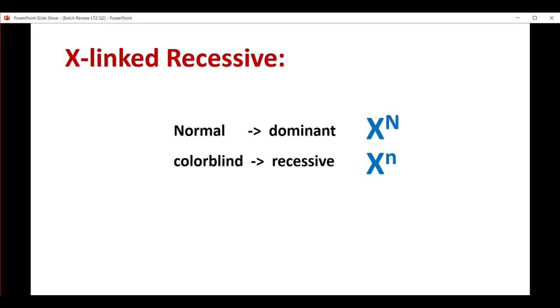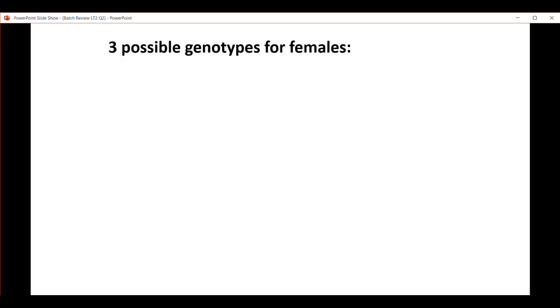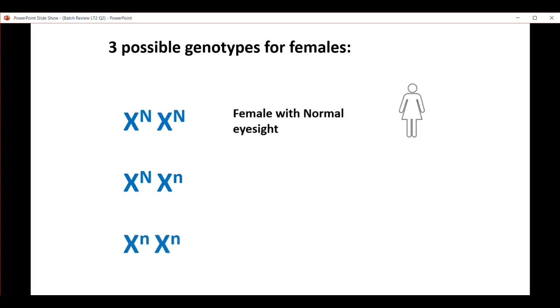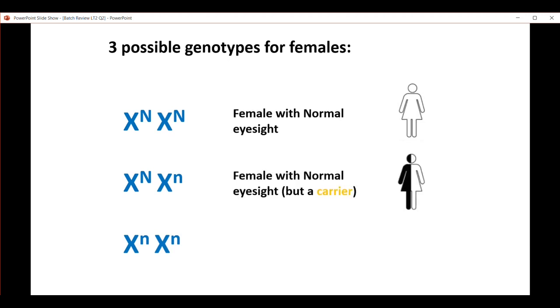Given those notations, we can have three possible combinations for females: X big N X big N, X big N X small n, and X small n X small n. The first one would be a female with normal eyesight. The second one would be a female with normal eyesight but a carrier, while the third one would be a female with color blindness, because she has both recessive alleles on her X chromosomes.